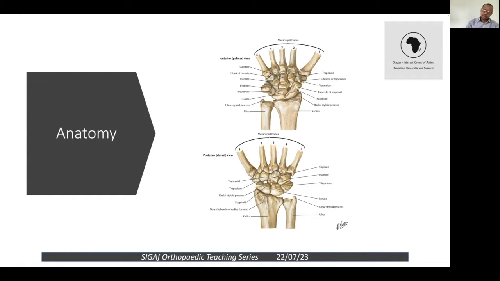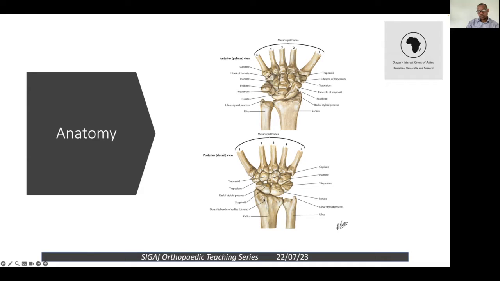Some important anatomical features to be aware of are the radial styloid, which is very important when looking at these injuries because at times it can inform stability or instability of the fracture. It's also important to look at the distal radial ulnar joint, which helps you get a picture of how stable a fracture is or how well you've reduced it.